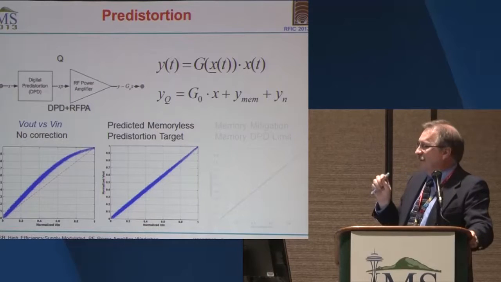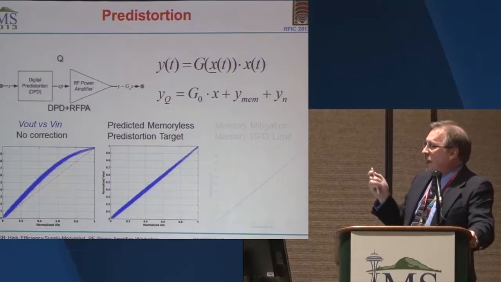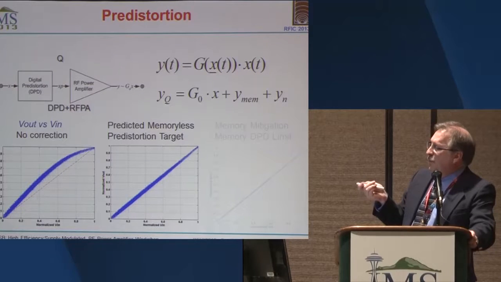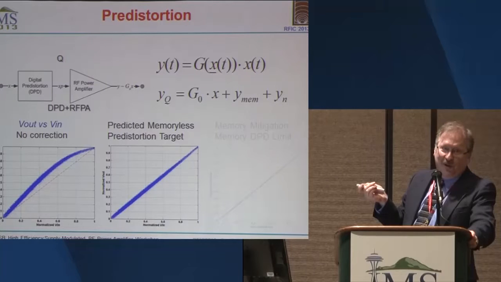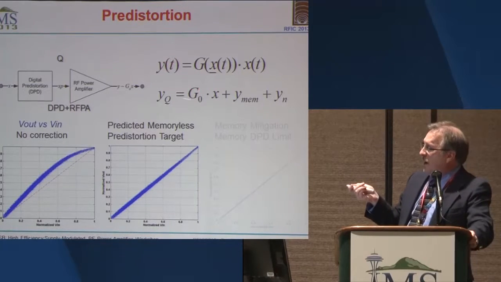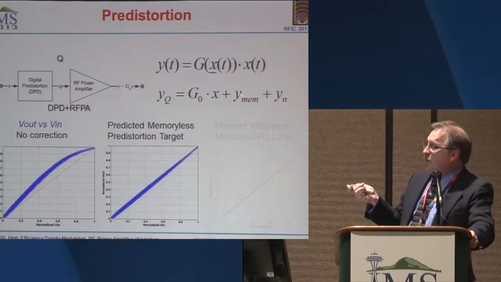Okay, so that's a bit of a subtlety there, but it's important to know that this curve, when you see it, is actually a simplified block diagram from way back in the digital part before you did the DPD to the output of the PA. And we have our linear gain component with the memoryless correction. I still have my memory term here, and I still have my random noise term.